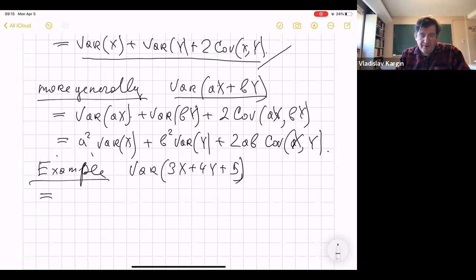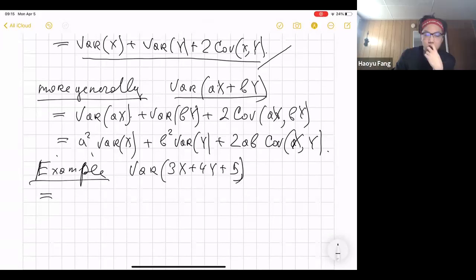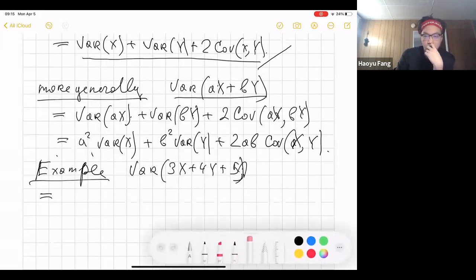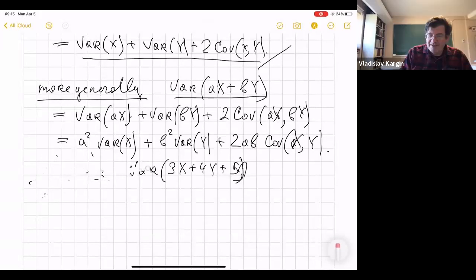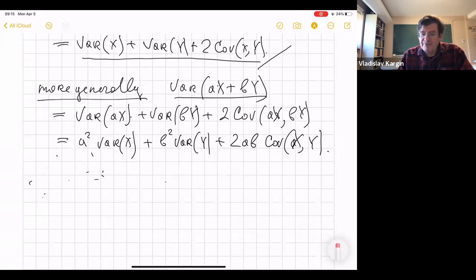So even more generally, this will be something like that one. So let me write even more generally before the example. So here it is still variance, right? I still calculated something like a variance of ax plus by.